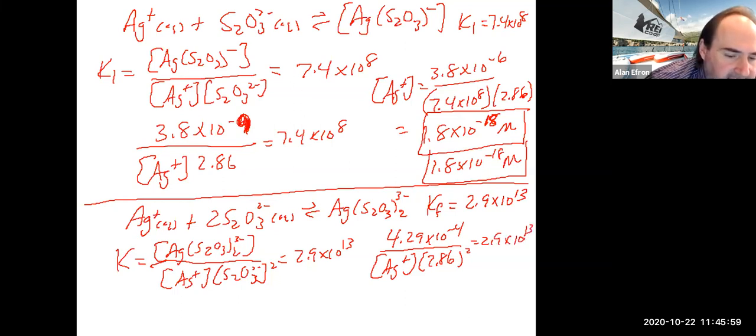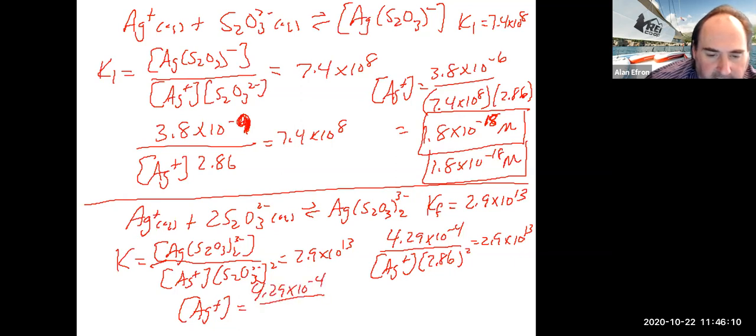Again here, basically the silver and the Kf are going to switch places. That means the silver is equal to 4.29 times 10 to the minus 4 divided by 2.9 times 10 to the 13, and our 2.86 squared.